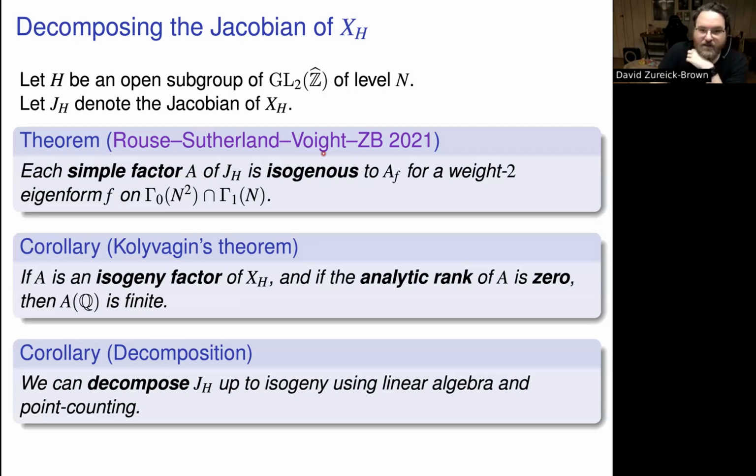So in the appendix with John Voight, we proved that these are modular. In fact, we proved that each isogeny factor, if H has level N, comes from a form on this particular group. And then use that to explicitly compute the isogeny decompositions and analytic ranks.